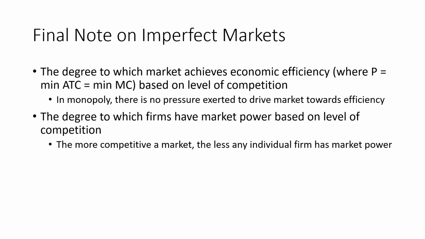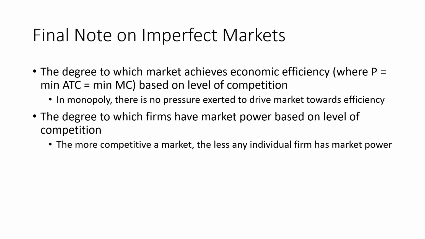So the fewer barriers to entry there are, the lower the startup costs, the more competitive it's going to be. And that profit is going to get eaten up by numerous new competitors. That's going to create more pressure for prices to drop. This is going to be one of the primary arguments for free trade internationally. It forces economic efficiency. In a monopoly, there's no such pressure exerted to drive markets towards efficiency.